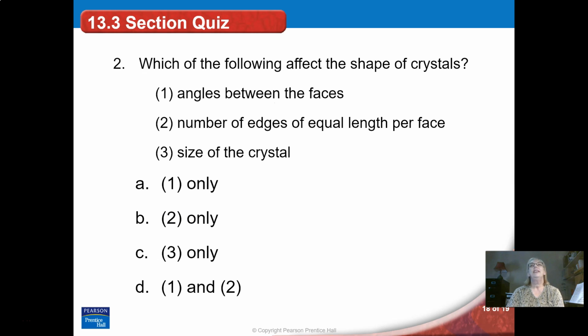Which affects the shape of crystals? Take a look at those. So 1 and 2, the angles of how those faces are affecting each other, and then the number of edges is going to show you the shape.